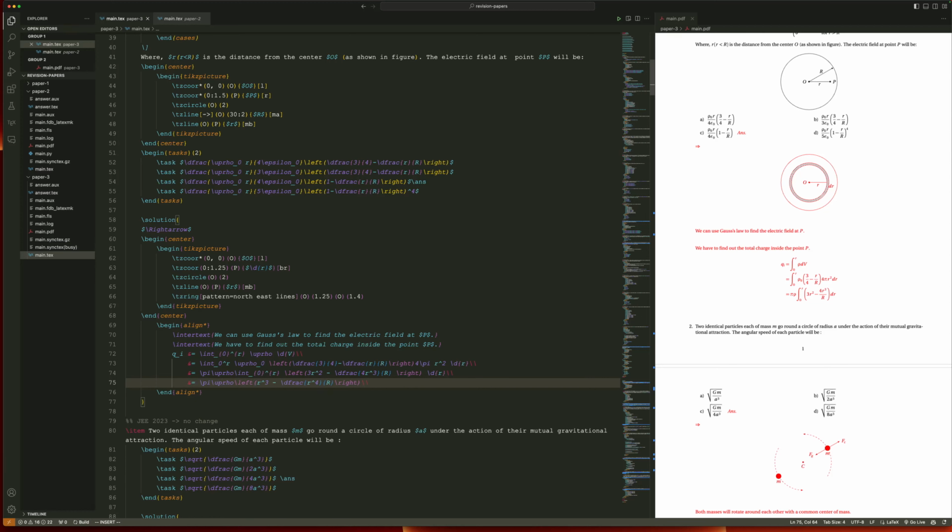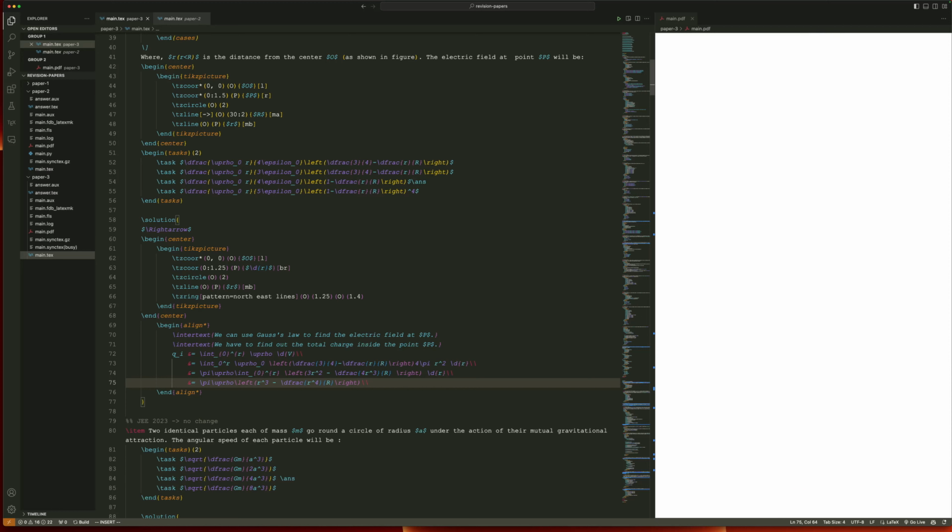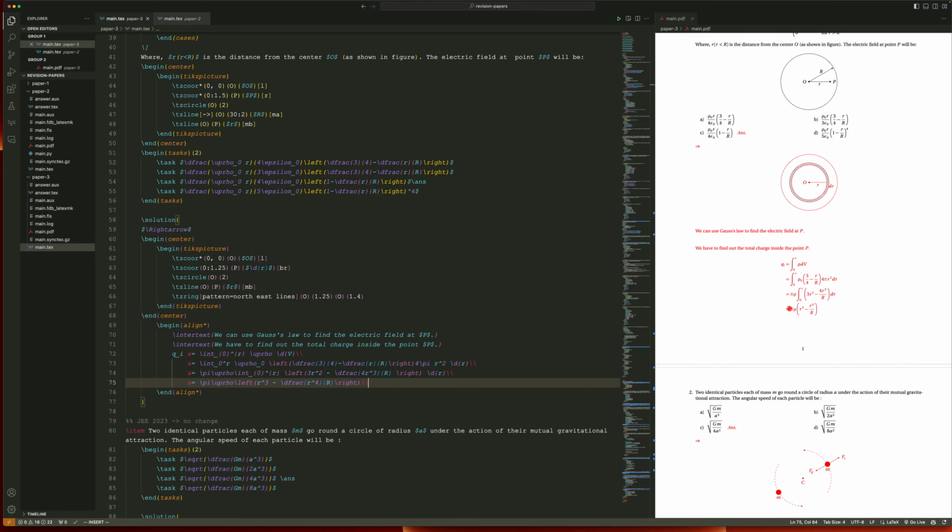Let's accept for this part. I think we will use r cubed upon 3, 3 will go, 4 will be gone, and r cubed, and then we can put the limits.